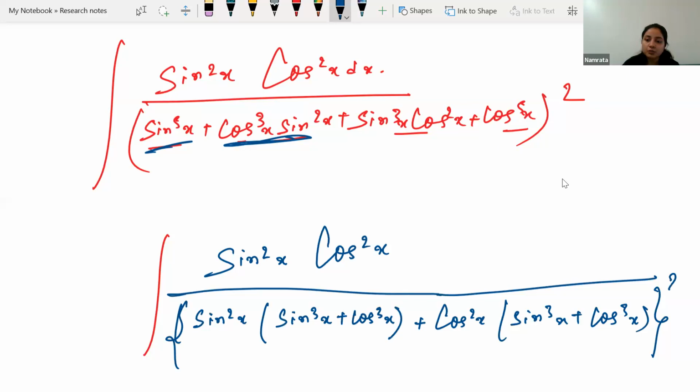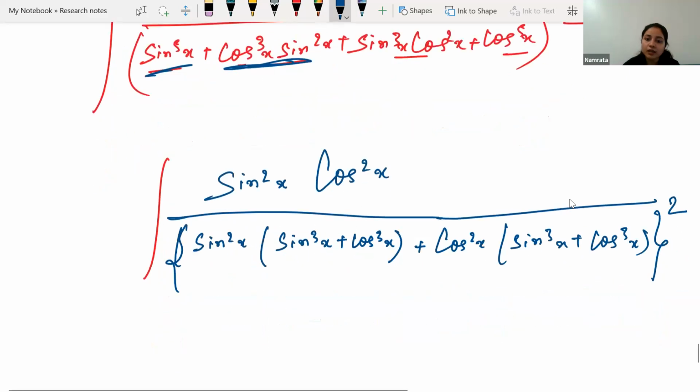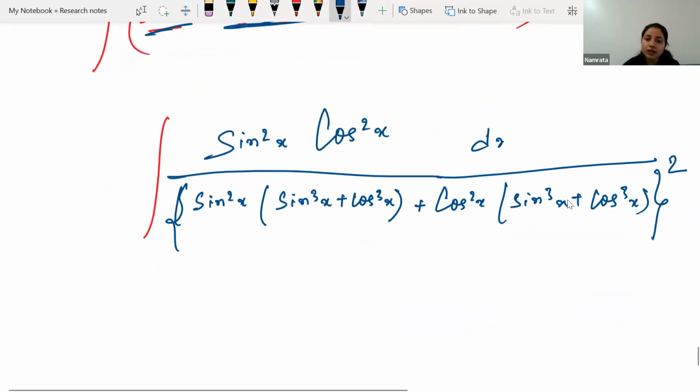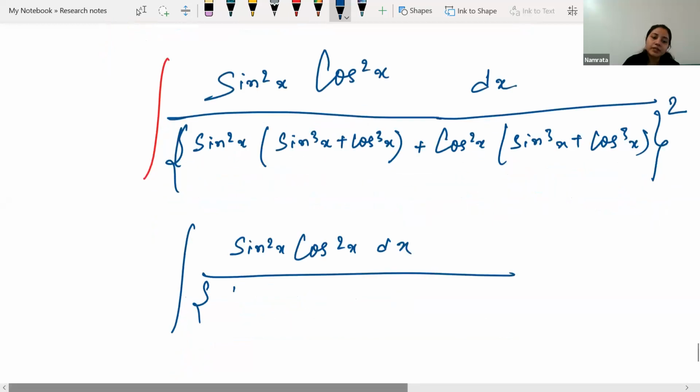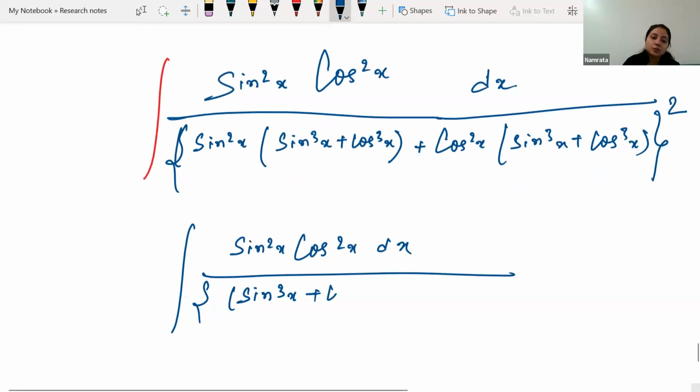We are able to take the common factor. dx is there. So sin^2 x cos^2 x in the numerator, and in the denominator, one bracket will be having sin^3 x + cos^3 x, and another bracket will have sin^2 x + cos^2 x.